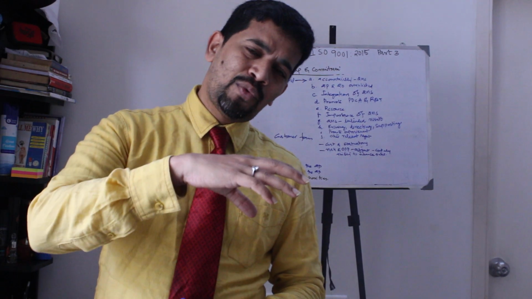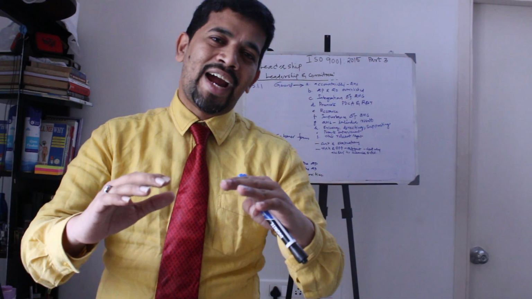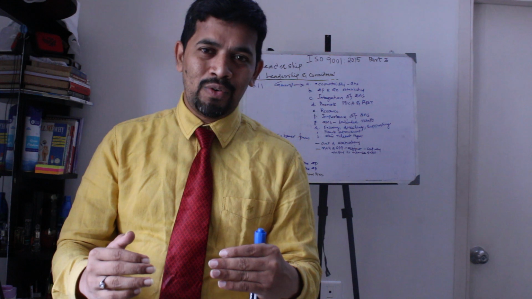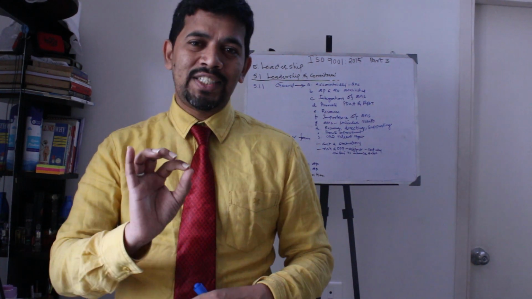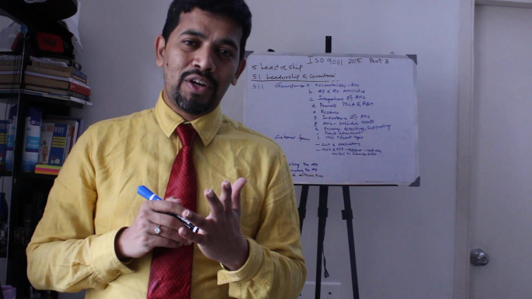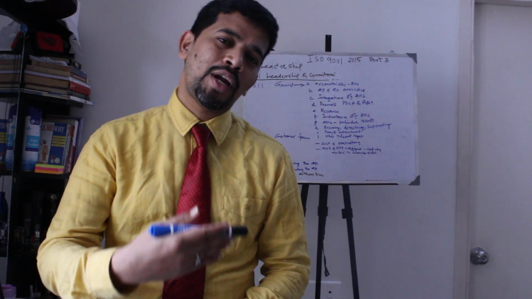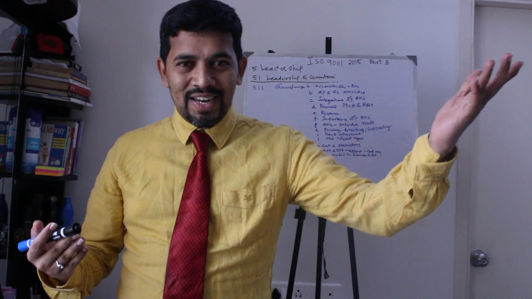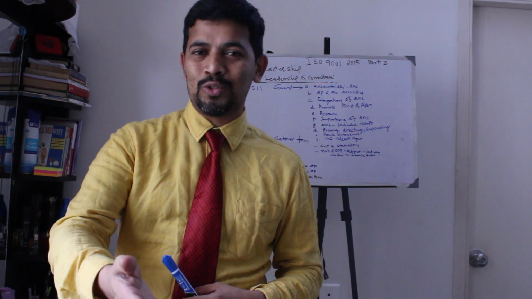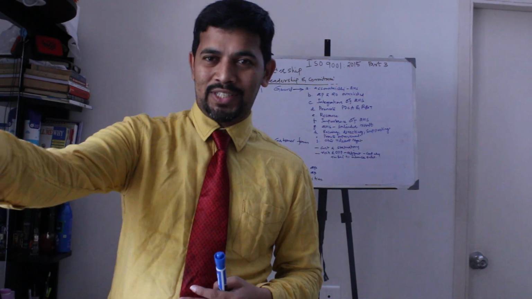Initially it was there in ISO 9001 2008, the same guidelines are being put down, but no change in it. The only change is we need to make it available even for interested parties. Let's say your interested parties could be an external auditor, your stakeholder, or a supplier.